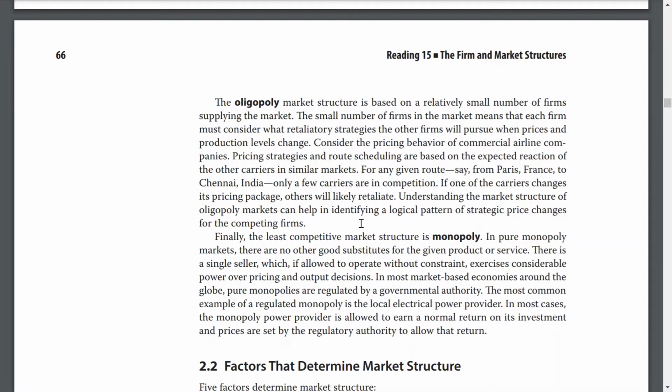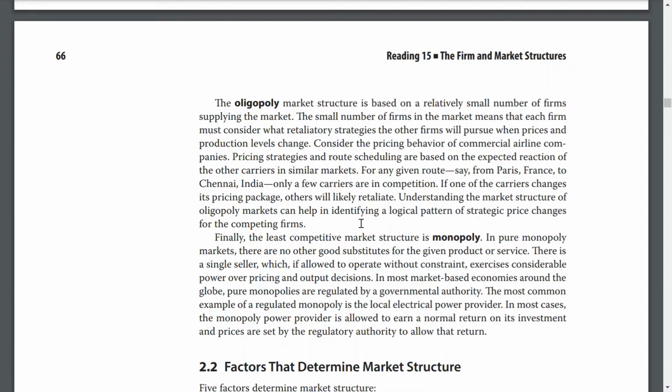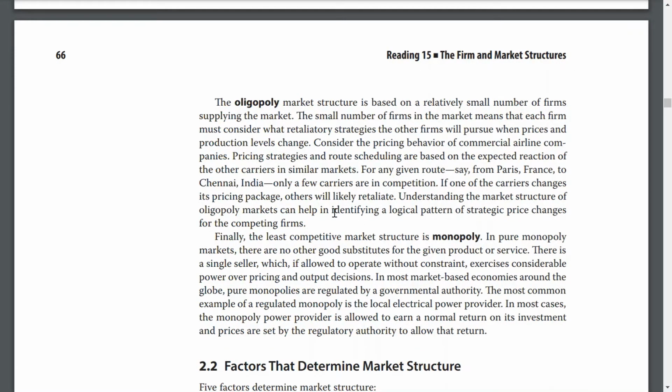For any given route, say Paris, France to Chennai, India, only a few carriers are in competition. If one of the carriers changes its pricing package, others will likely retaliate. Understanding the market structure of oligopoly markets can help in identifying a logical pattern of strategic price changes for the competing firms.